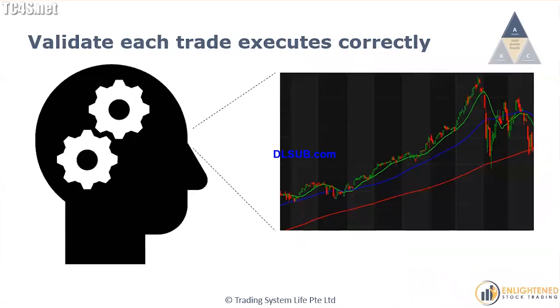Once you've understood the code and checked that the code is correct, the syntax is correct, the next step is to double check that it's executing correctly. And so what you're going to do here is take the rules and represent them on the chart as indicators and find the entry and exit rules and make sure that the prices the system is generating for the entry and the exit are exactly correct.